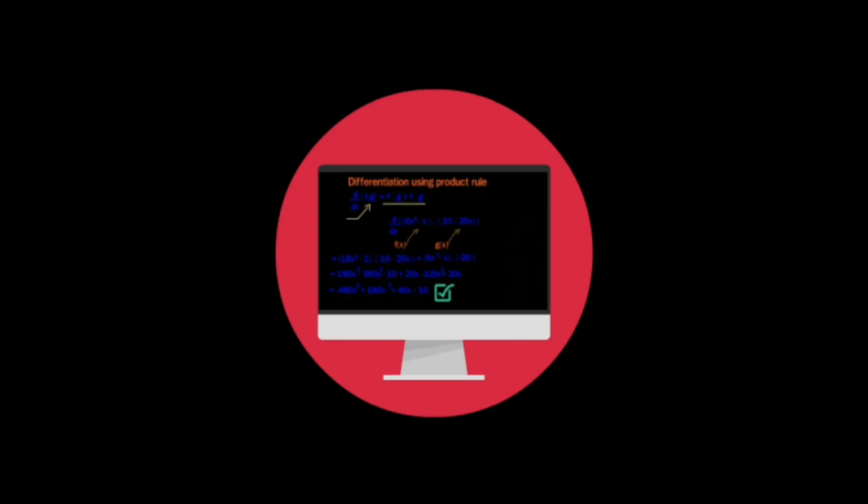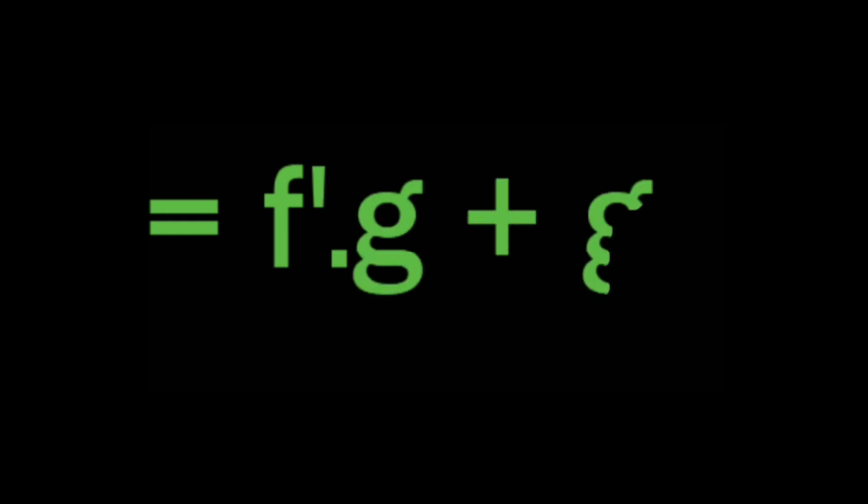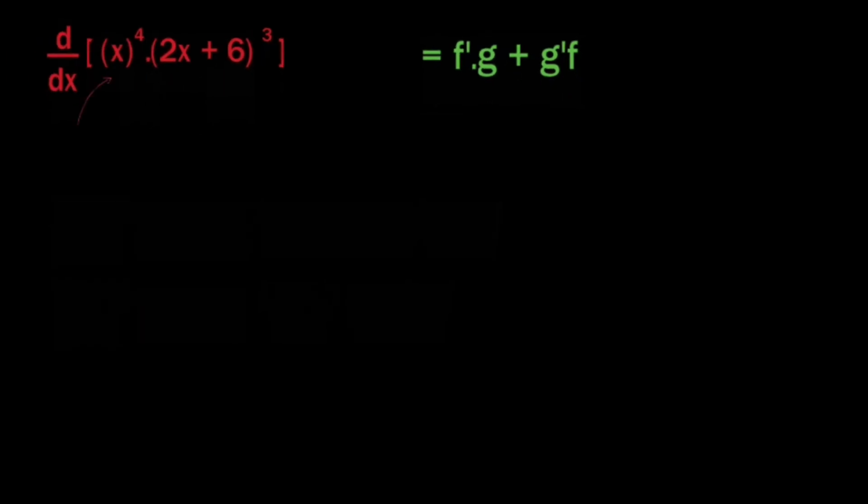So basically it is function f multiplied with function g: derivative of function f multiplied with function g plus derivative of function g multiplied with function f. Let's say this is function f, this is function g.